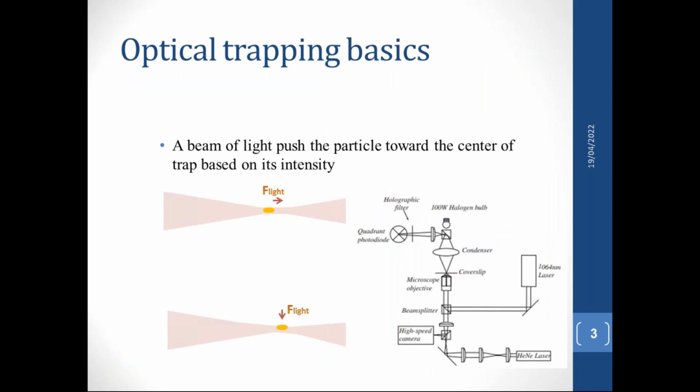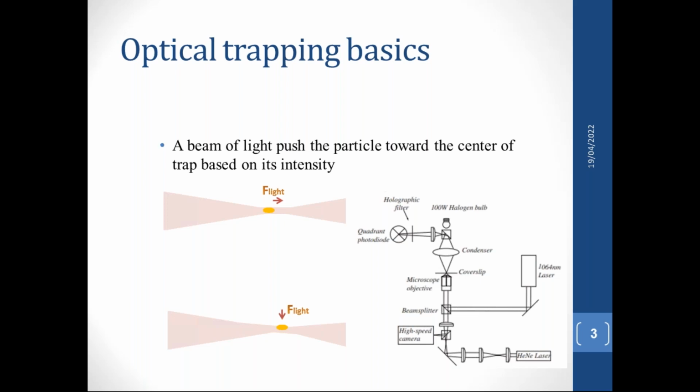To cover the basics of optical trapping, we should start with how light applies force to nanoparticles and particles of the same size. It depends on the gradient intensity of light.